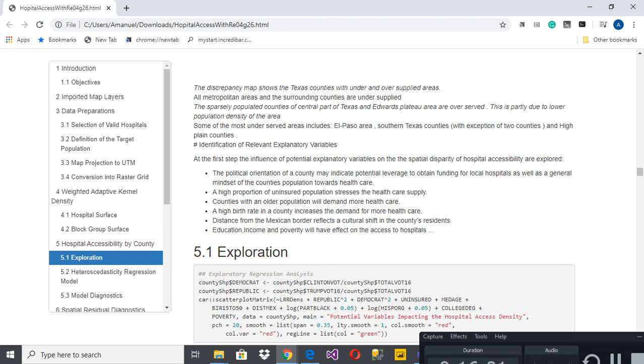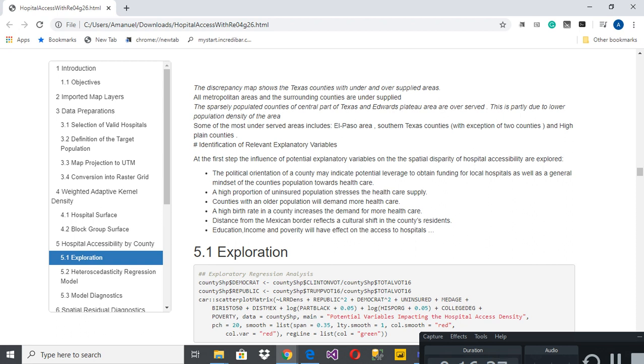And identification of the relevant explanatory variables. The political orientation of a county may indicate potential leverage to obtain funding for local hospitals as well as general support. A high proportion of uninsured population stresses the healthcare supply.